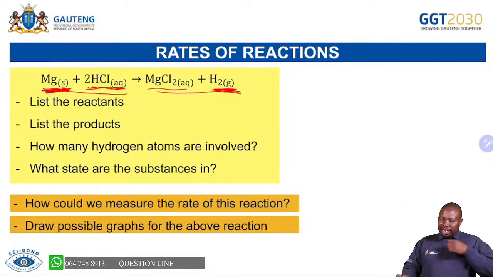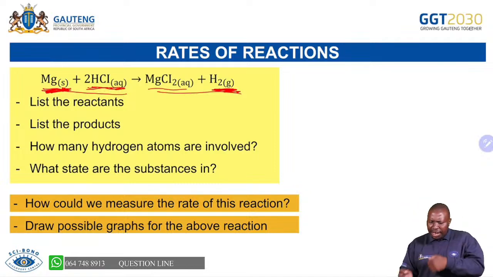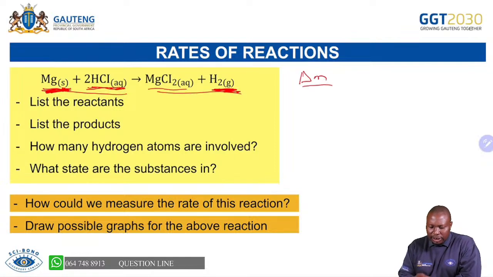And how will you measure the rate of this reaction? Remember, when we're measuring the rate, we can look at the change in mass of magnesium per unit time. You can expect a question like that, where you will get a graph that shows the change in mass. Remember, the reactants, we start with more mass of magnesium, so it decreases with time until the reaction reaches its completion.